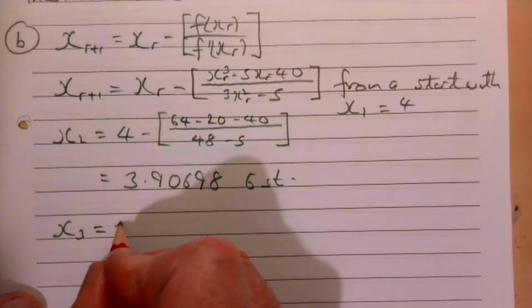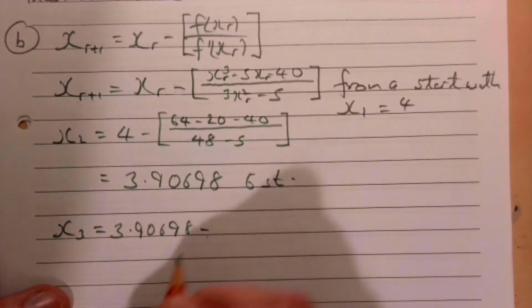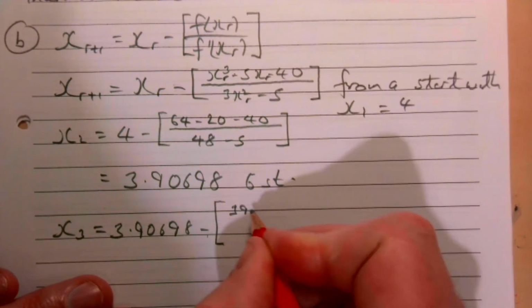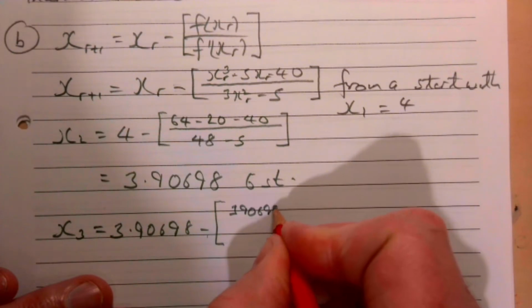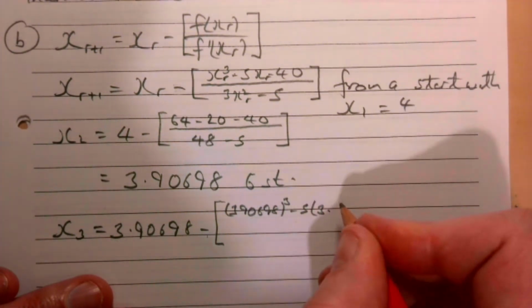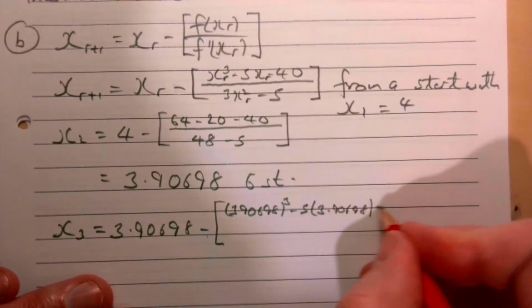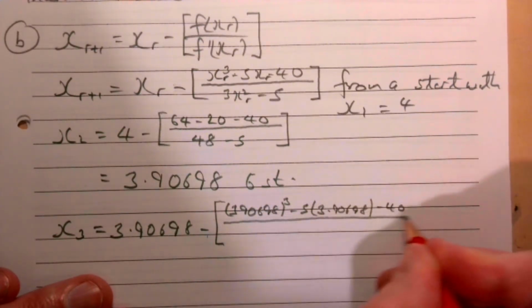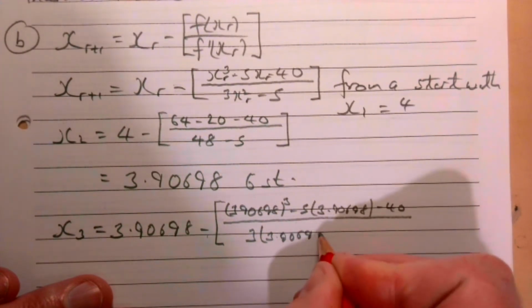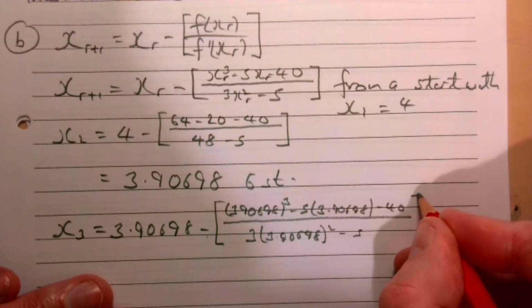It looks a bit messy, but we'll do it for this one bit: 3.90698 take away 3.90698 cubed take away 5 times 3.90698 take away 40, all over 3 times 3.90698 squared take away 5.